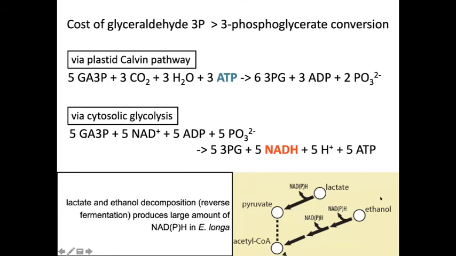So we think that the reason why this mechanism has been preserved is that Euglena longa, since it survives on reduced carbon sources such as ethanol and lactate, has to prevent the accumulation of NADH or reductive compounds in the cytosol. And this way, the Calvin cycle could function as a redox valve that would mitigate the effect of this accumulation through carbon fixation.